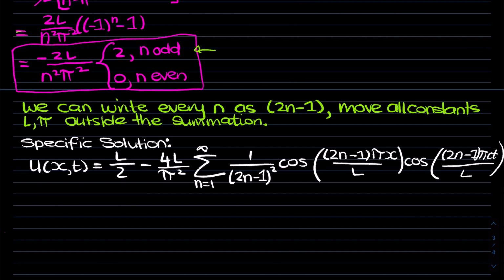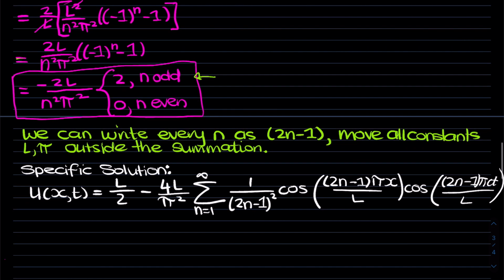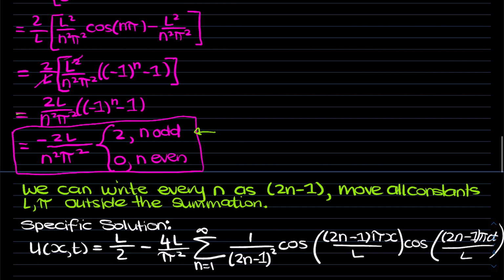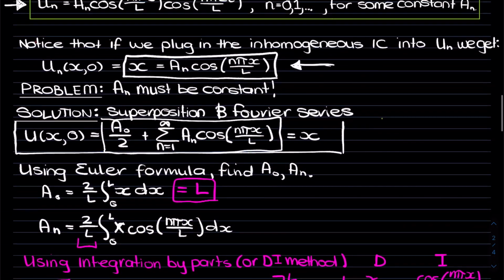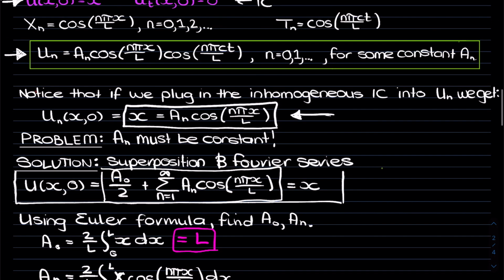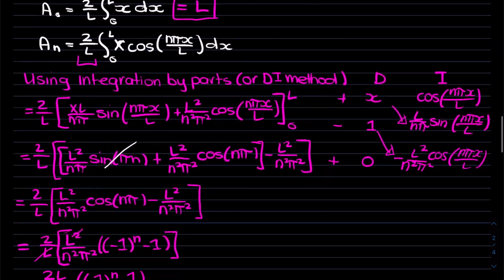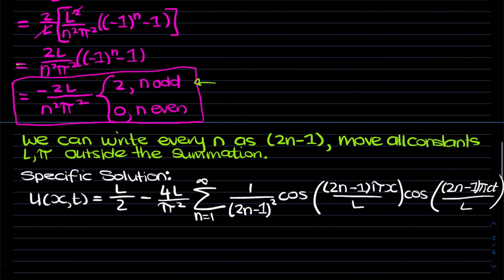In it, we've used the superposition principle, we've used the Fourier cosine series, and we've also used the Euler formulae in here to find a of n and a naught. And then we've really just plugged it back into what was our u of n up here. And yeah, that is our final solution.